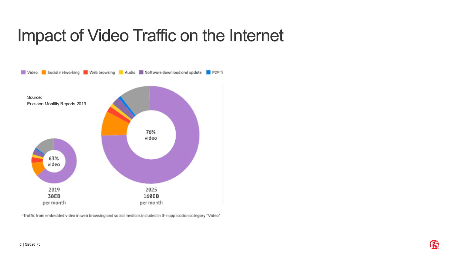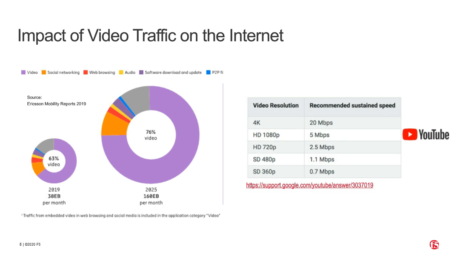The other element is that the same content of a specific video can be delivered in a different way and can consume a different amount of bandwidth depending on the way it is delivered. And this is mostly related to the quality of the video itself rather than, for example, time. So I give you an example.